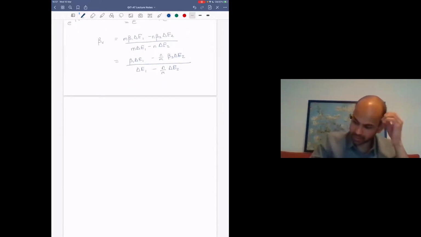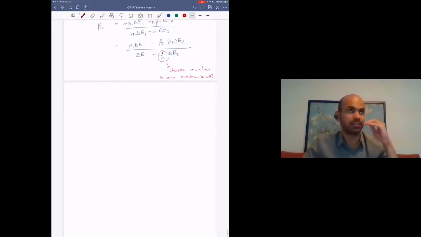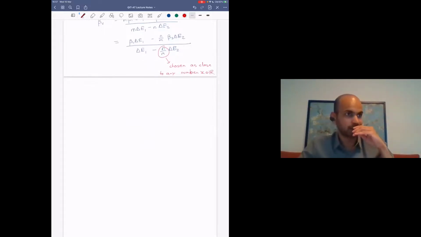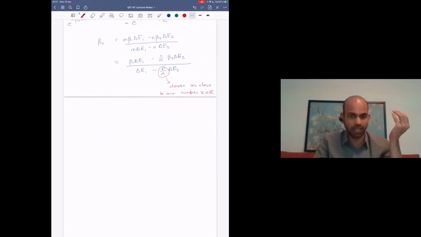Now, this number, N over M, can be chosen to be as close to any number X on the real line as we like. I mean, it's an arbitrary rational number. We are free to choose the integers N and M as we like, so we can always pick it to be arbitrarily close to anything. And in fact, you can easily show that you can pick it so that this whole expression turns out to be negative.